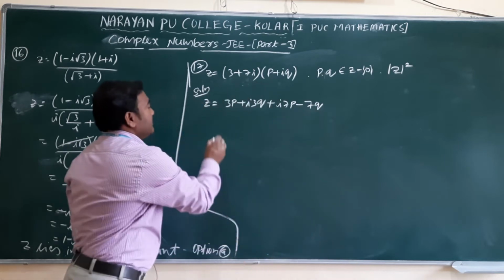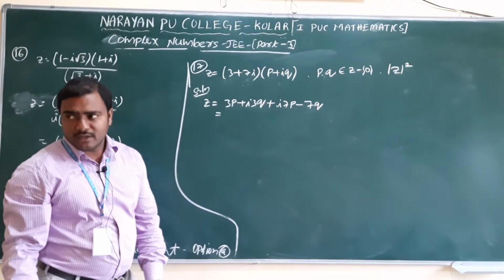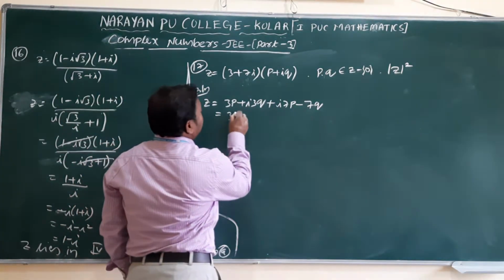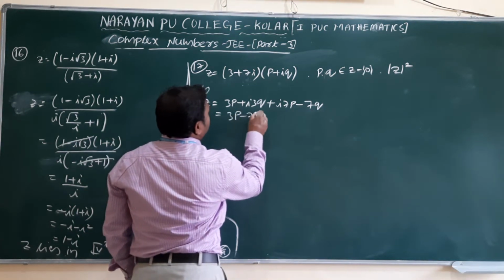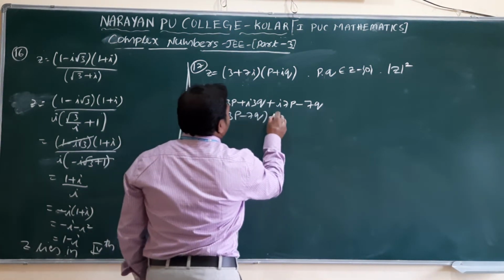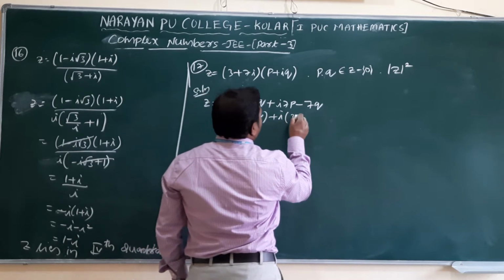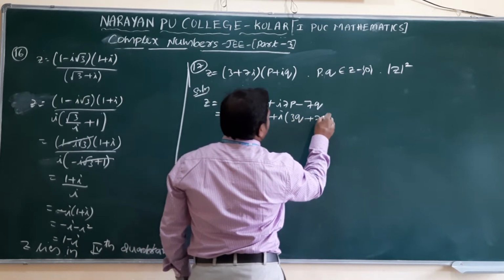Here we are separating the real parts and imaginary parts. So (3p minus 7q) plus i(3q plus 7p).